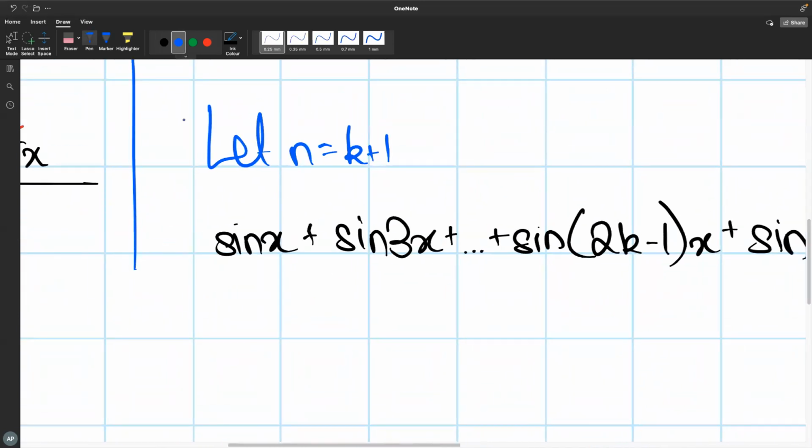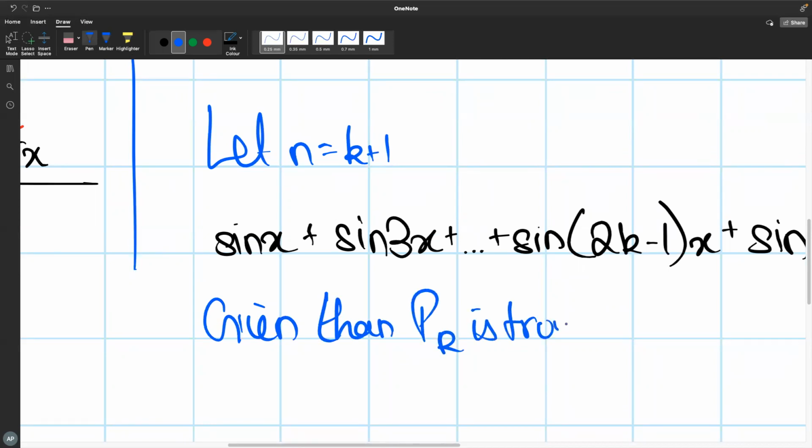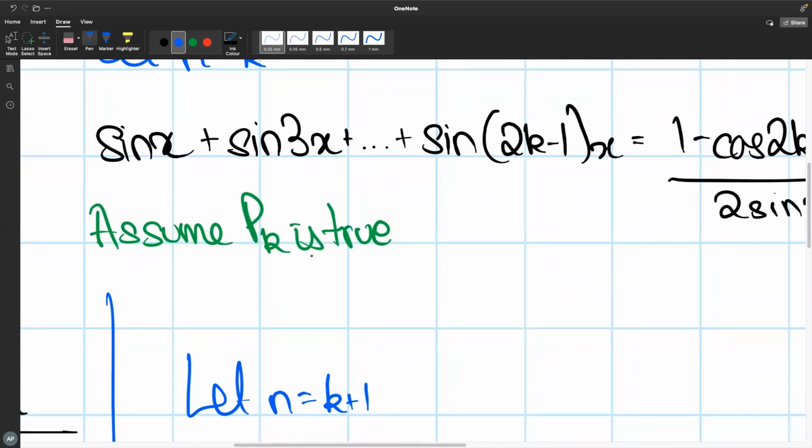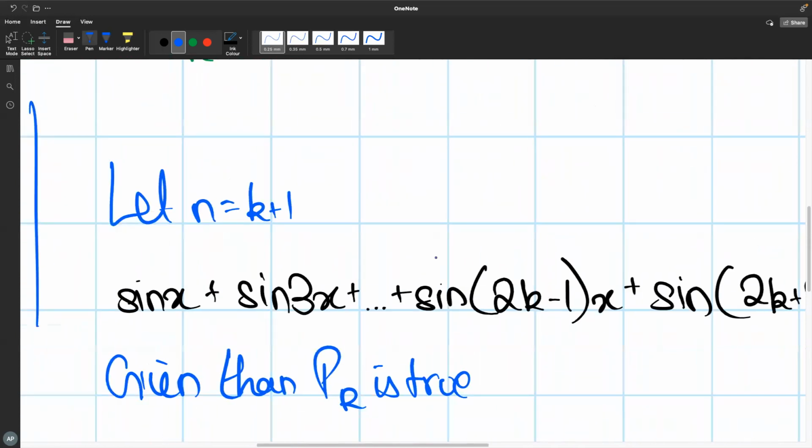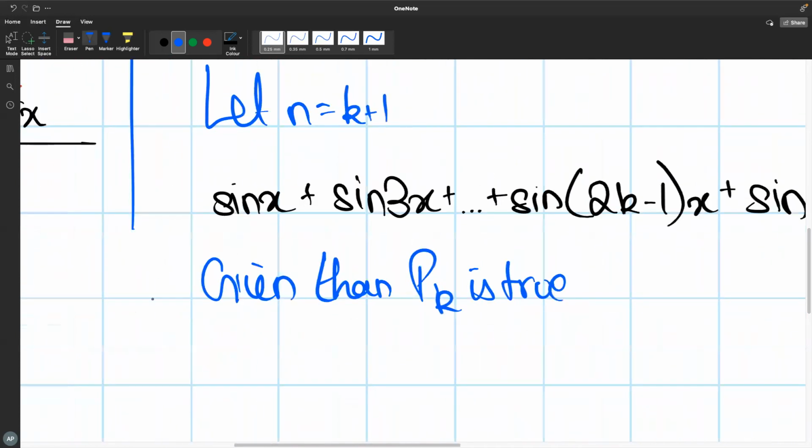Now, given that P of k is true. So over here, when we first wrote out the proposition for P of k, we said assume that it's true. So that will help us in solving this.